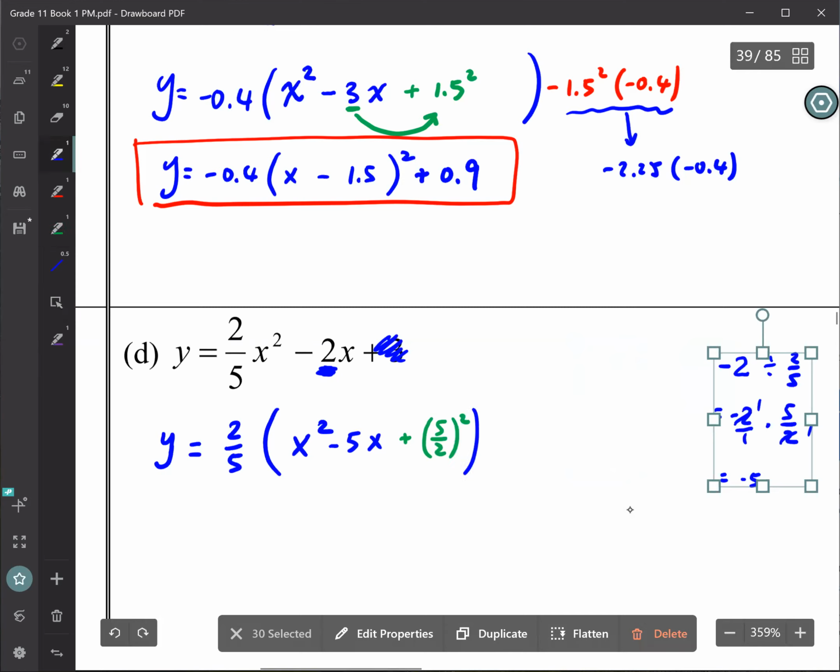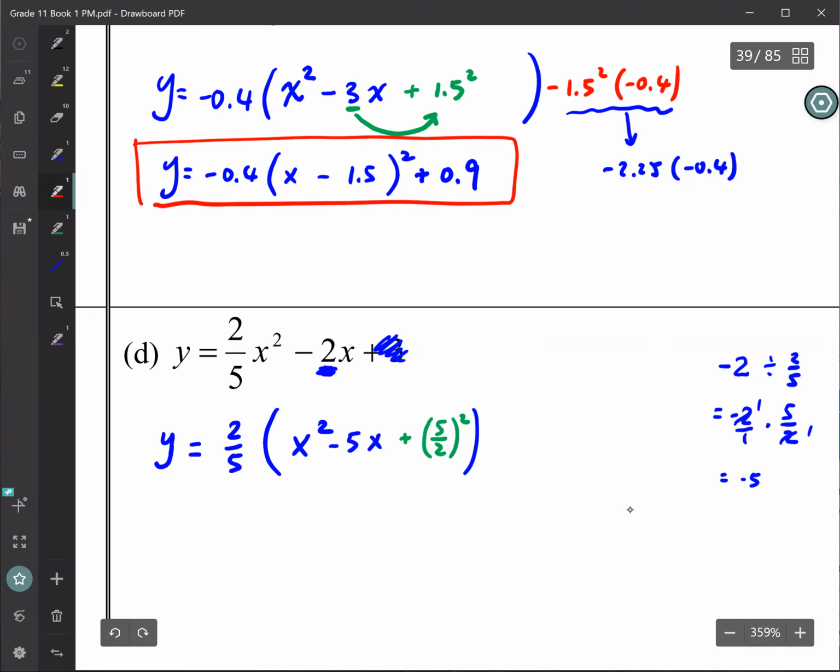And then subtract 5/2 squared times 2/5 plus 3. Plus 3, very good. I'm glad you didn't forget. So finally we just write it out in brackets.